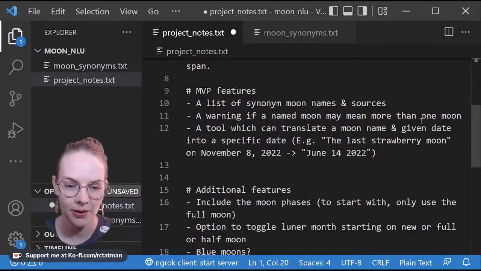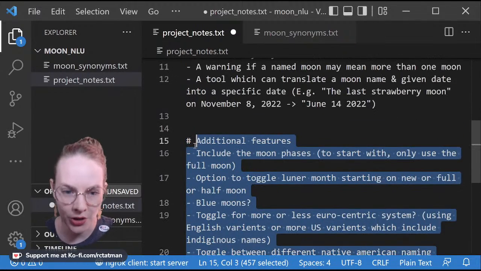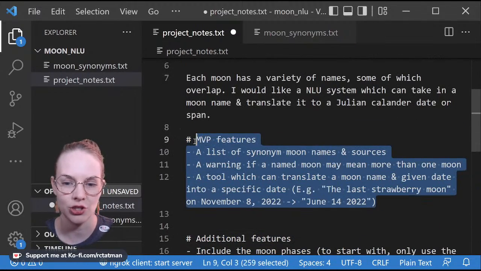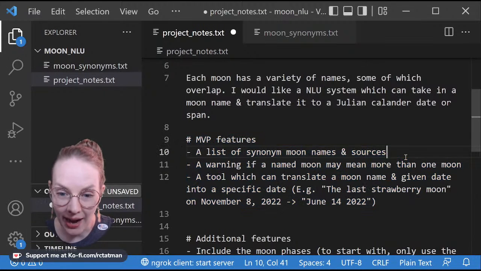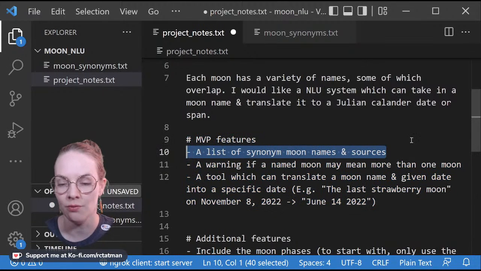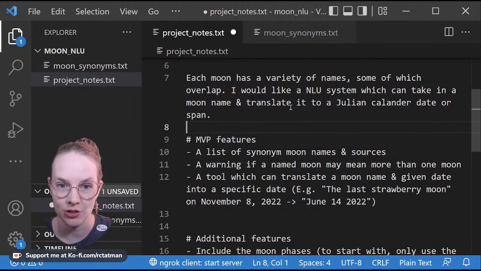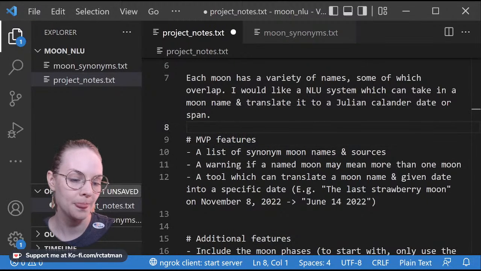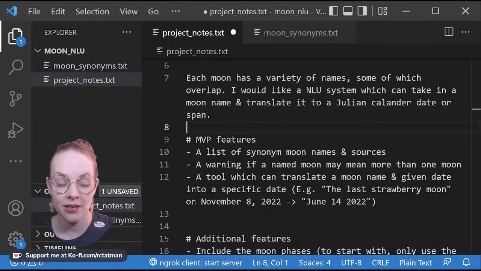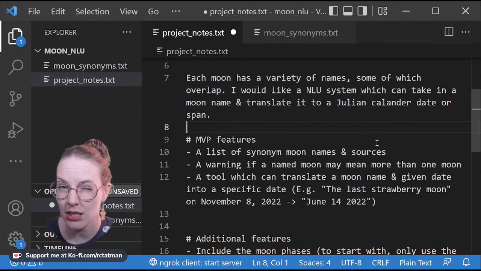Yes, so I think there's a lot of stuff that we could do. I think the stuff that it makes the most sense to start with is compiling this list of moon names and synonyms and sources. I don't know that this is something where I want to scrape it, specifically because named moons are also kind of a trope in some fantasy novels.